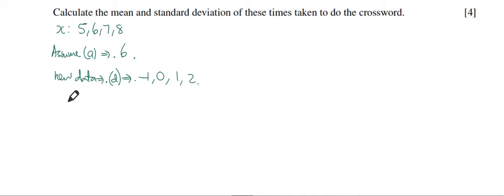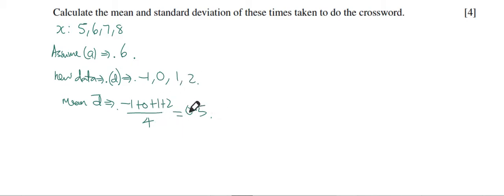Now if I want to find the mean of the new data, d bar, all I have to do is add negative 1 plus 0 plus 1 plus 2 and divide by 4, and this gives me 0.5. So basically 5 gives minus 1, 6 gives 0, 7 gives 1, and 8 gives 2. I add all of them and I found my mean, which is 0.5.